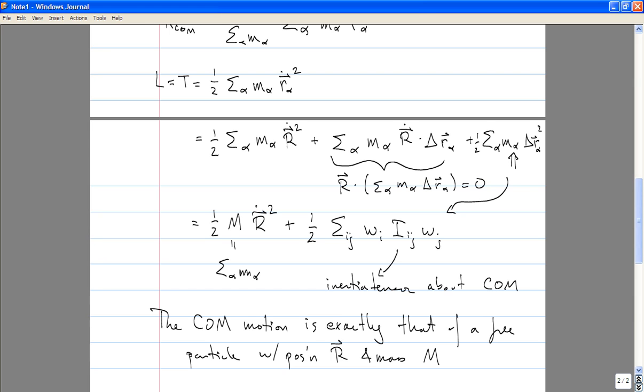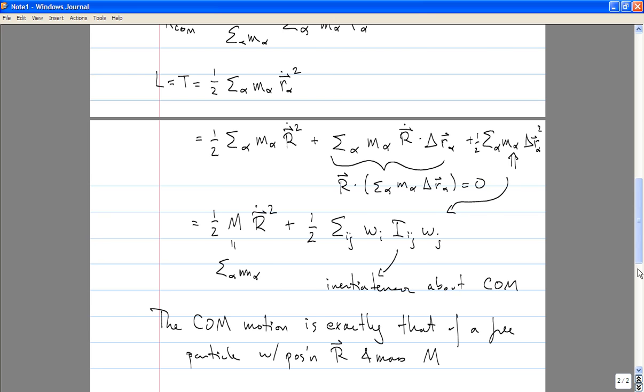So we have a sum of two separate pieces. So the center of mass motion of a rigid body can be treated exactly like that of a free particle, with some mass, capital M, and position, capital R. And all that remains to do now is to study the dynamics of the rotating piece involving the angular velocities and the inertia tensor.